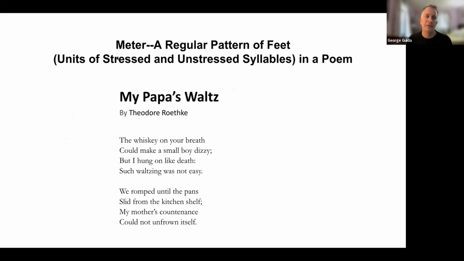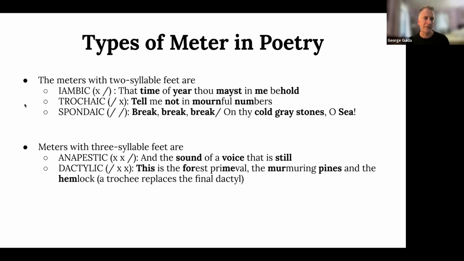Now, when we talk about a regular pattern of feet in a poem, well, first, let me show you this. These are, in fact, what we just talked about, the types of meter in poetry, the types of patterns of syllables you will see in a foot, right? So iambic, we talked about da-dum, trochaic, dum-da, spondaic, dum-dum, 2 stressed syllables in a foot.